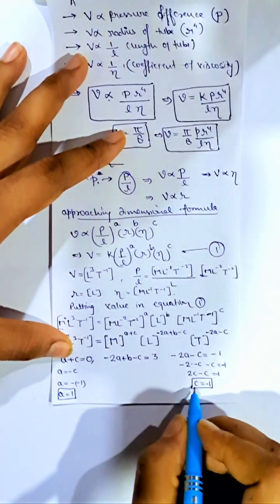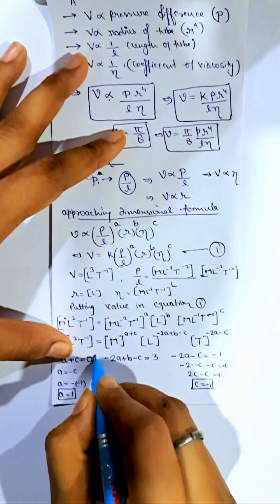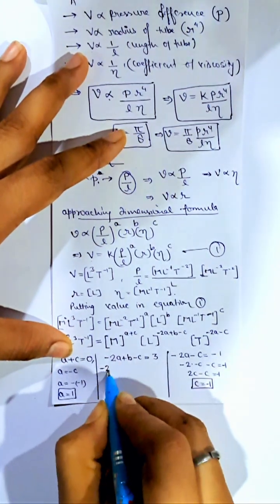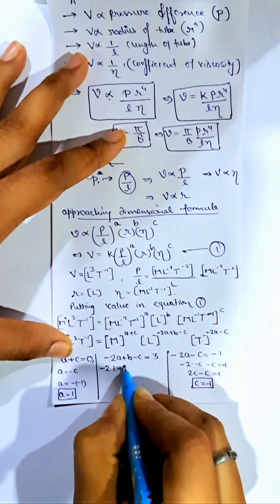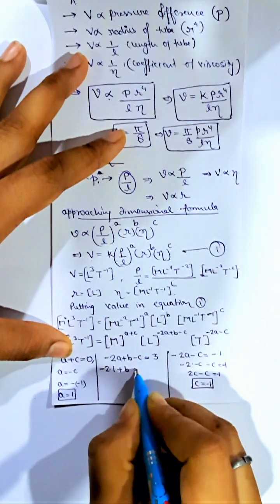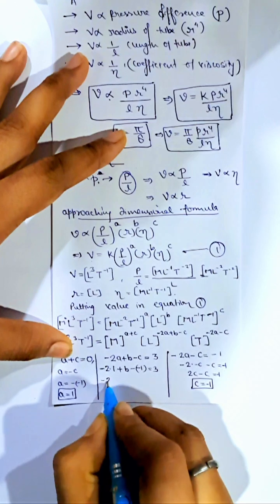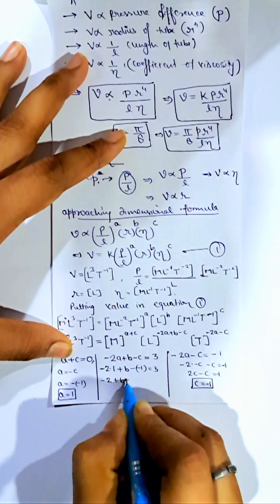So putting the values of a and c in this equation, minus 2 into 1 plus b minus of minus 1. So this is minus 2 plus b plus 1.